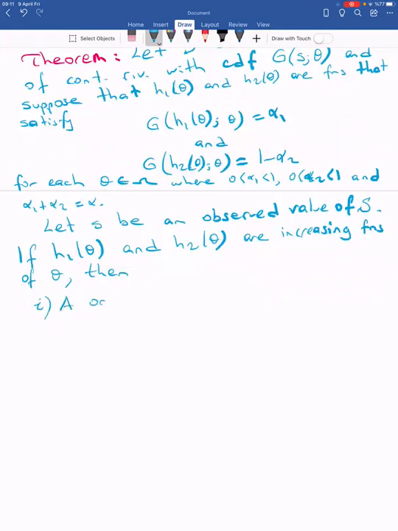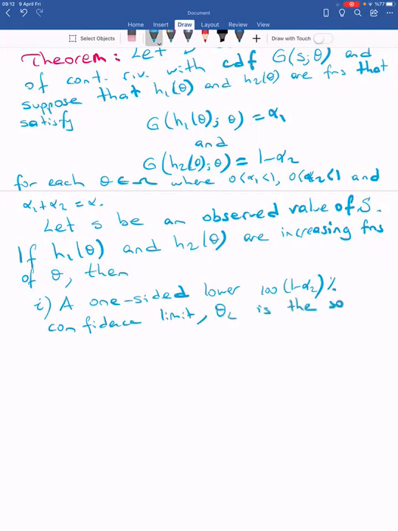We focus on the one-sided intervals first. For the one-sided lower 100 times 1 minus alpha 2 percent confidence limit, theta L is the solution of H2 theta L equals S. So we are using the upper bound for S to get the lower bound for theta.